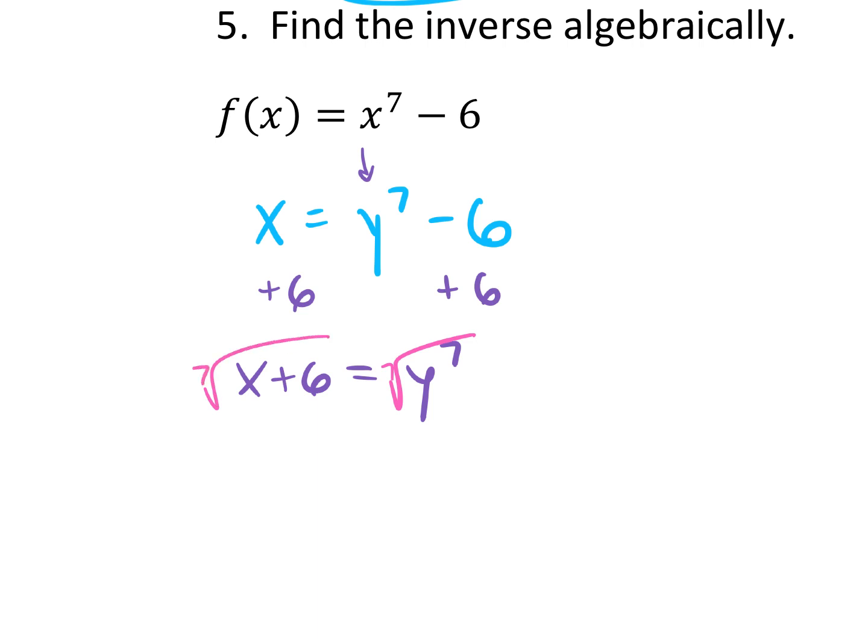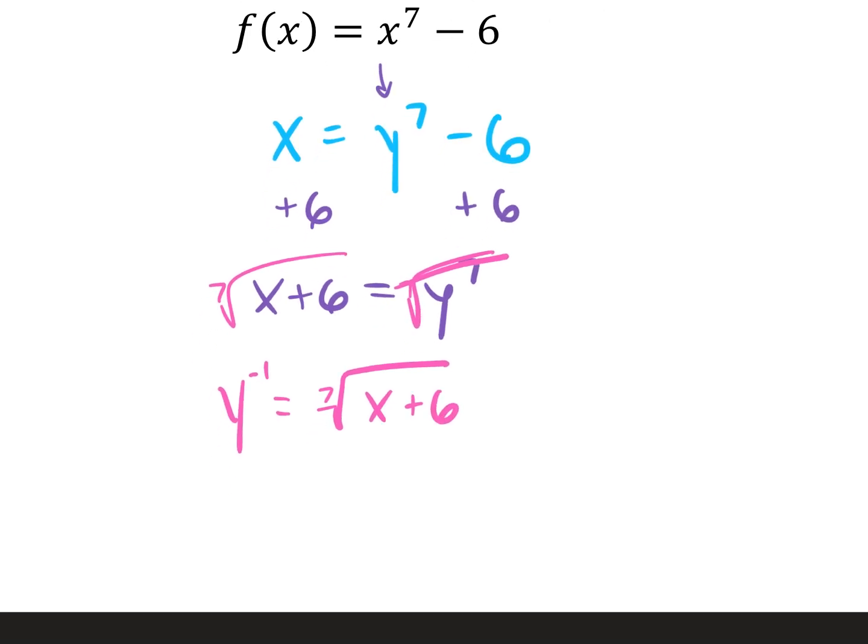Take the 7th root of both sides to cancel out with the 7th power. So I get y, my inverse of y, is equal to the 7th root of x plus 6. Which again, you could say the inverse of y, or you could say the inverse of f of x. Same thing.